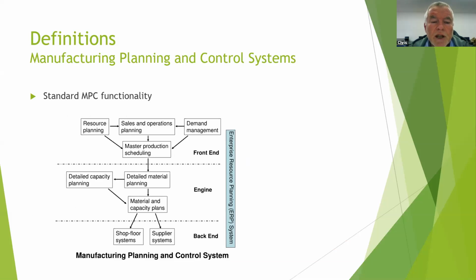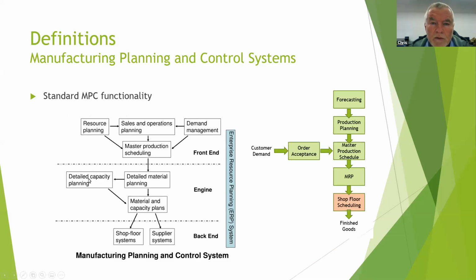All right, so let's look at that standard manufacturing control system functionality, and you'll see that down the right hand here, you've got an ERP system, and these top items are sort of half in, half out, and all the rest are in the system, and there's no detailed production scheduling in this. The closest they get is probably to a different name called detailed capacity planning.